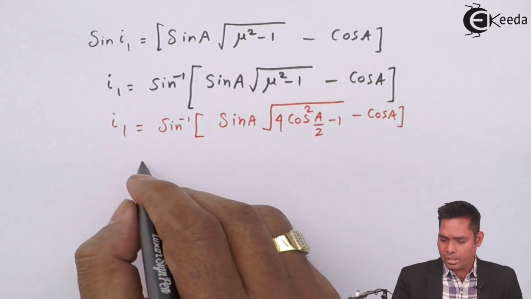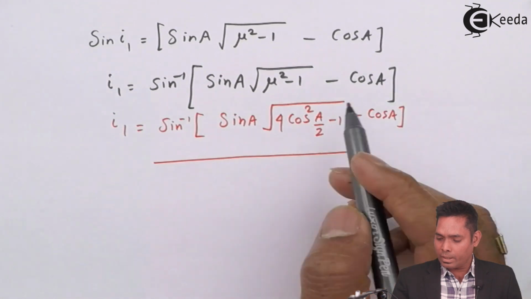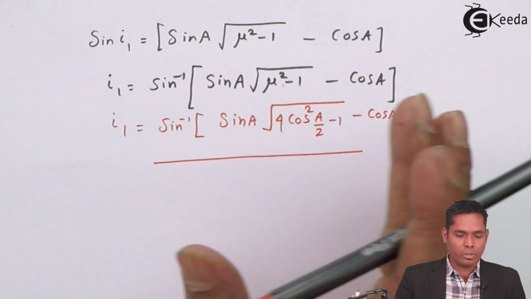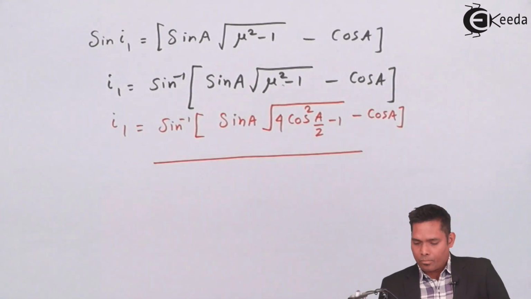So let us find whether this mu square is equal to this or not. If mu square is this, then that option is also correct.